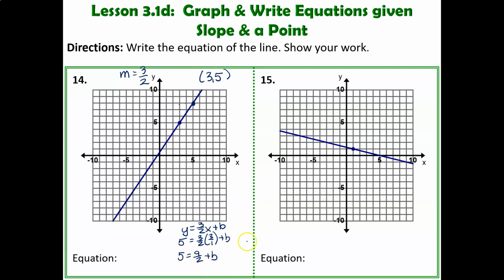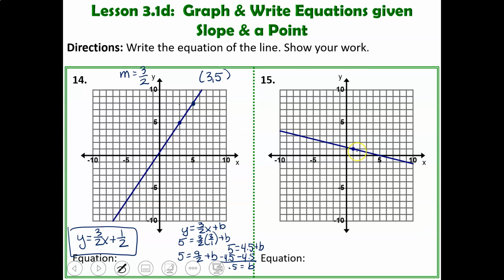So 9/2 is 4.5. You subtract 4.5. I'm left with a half. So I'm going to make this in a fraction. So my equation is y equals 3/2 x, there's my slope, plus a half. These are rough. Lots of fractions. Use your calculator.